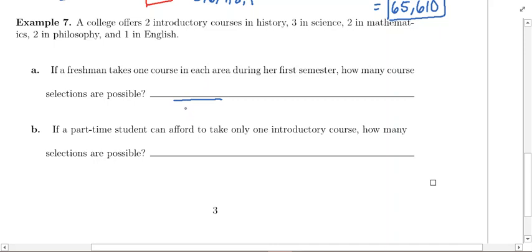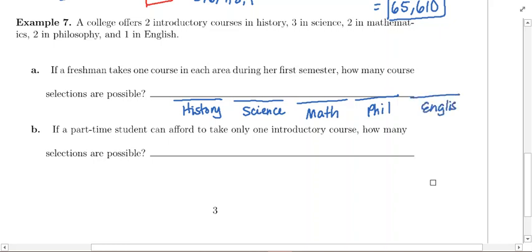We're going to have a blank for the history choice, a blank for the science choice, a blank for the math choice, a blank for the philosophy choice, and a blank for the English choice. Now we go to each blank and figure out how many different possibilities there are for each position.